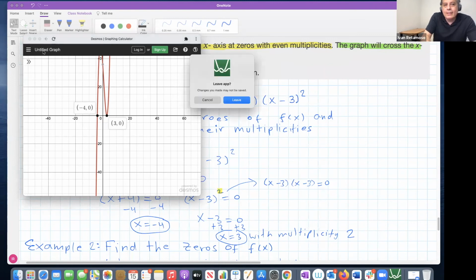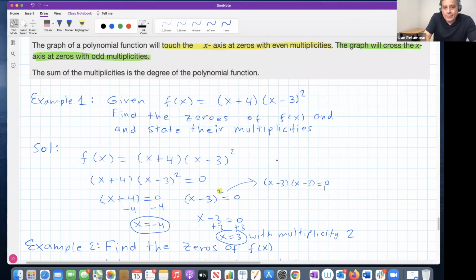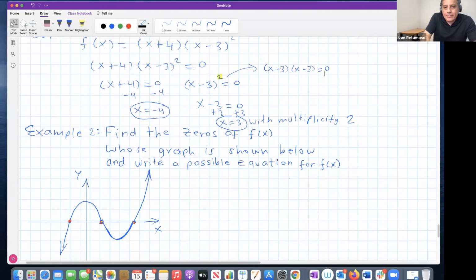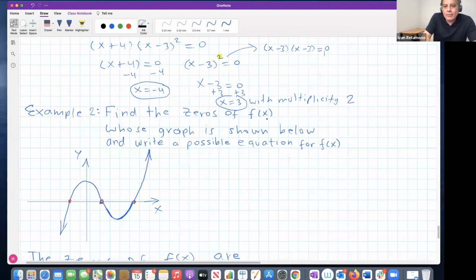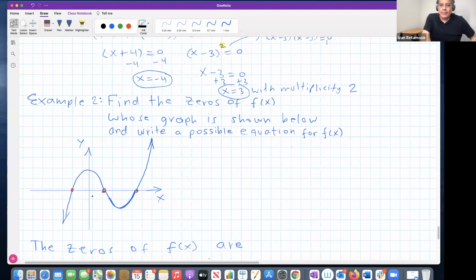All right, guys. So now I want you to do this sort of on your own here. It says here, find the zeros of f of x by looking at this graph, whose graph is shown below, and write a possible equation for f of x. So can anyone find the zeros and then figure out an equation for this?